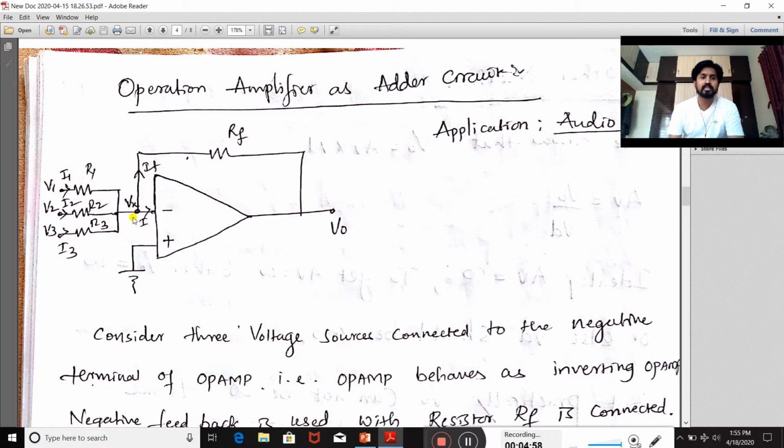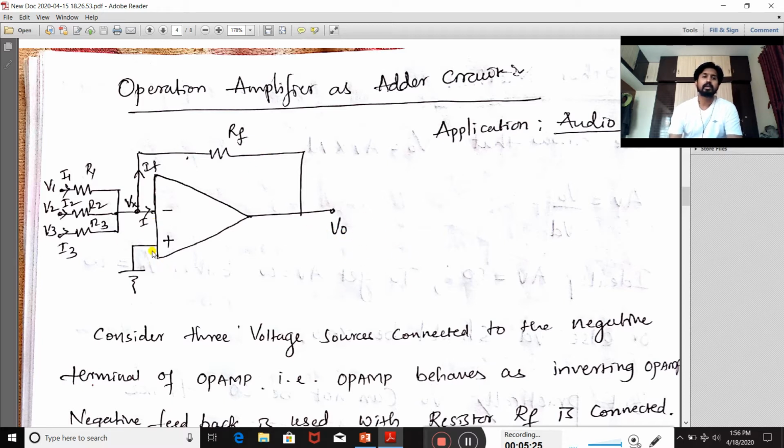When we use KCL at this node, let's check the currents. I1, I2, I3 are the three incoming currents, and the outgoing currents are I and IF. In that, I will be 0.